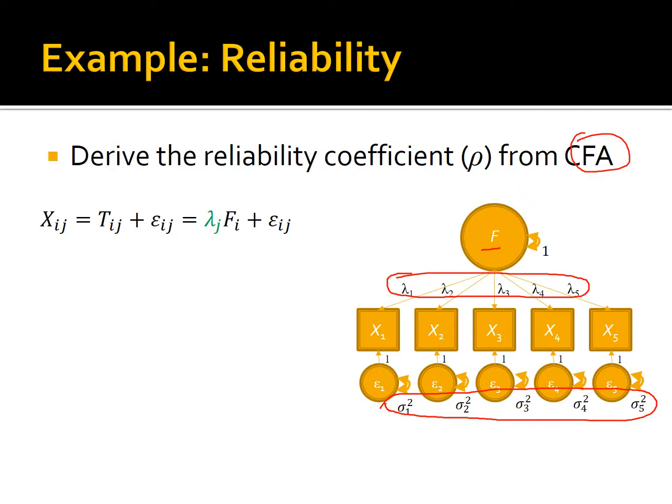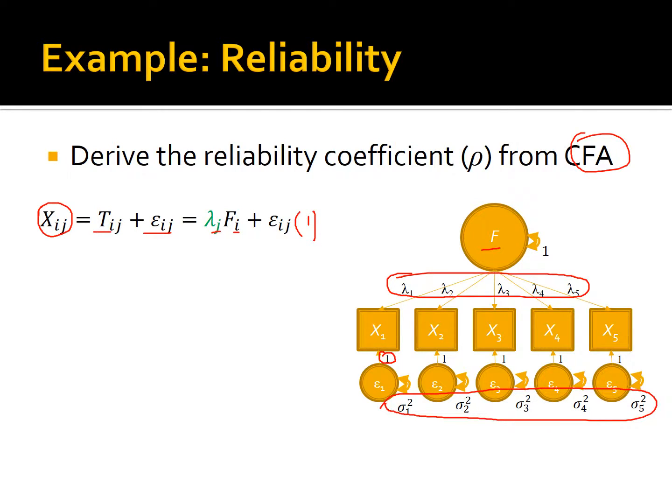And from classical test theory, we know that each observed variable x equals the true score plus the error score, right? And the true score is the factor f times the factor loading, that is lambda j times f i, where j represents the item and i represents individuals, plus the error term epsilon ij times 1 from here.